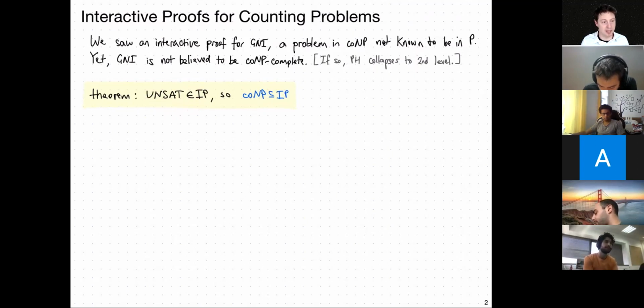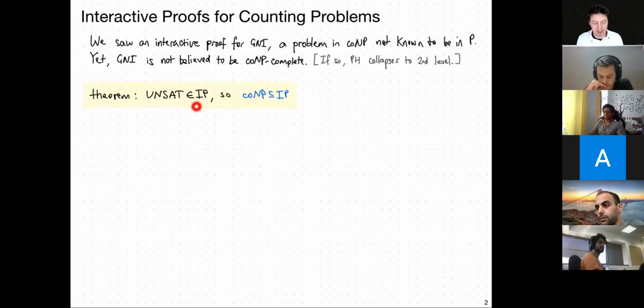So it's basically saying every language in co-NP has an interactive proof, by simply reducing to UNSAT first using a polynomial time reduction and then running an interactive proof for that language. It's a pretty large chunk of languages, and it takes us already well beyond GNI, where we were before.